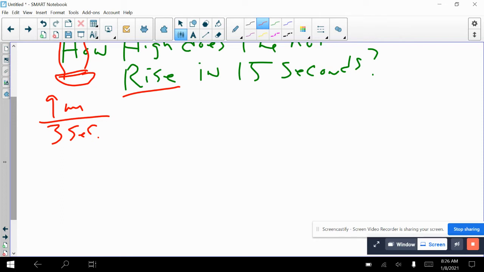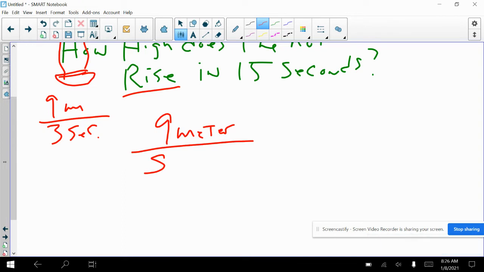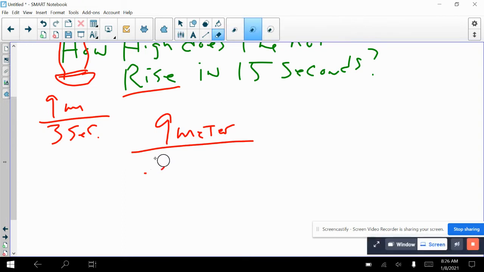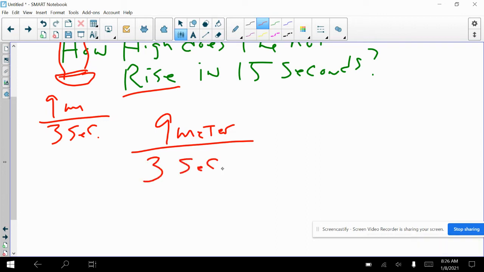So if we have that, then we have our rate of 9 meters every 3 seconds. And they want to know how much it will rise in 15 seconds. So here we go, 15 seconds. Now, you don't have to put a 1 under it.